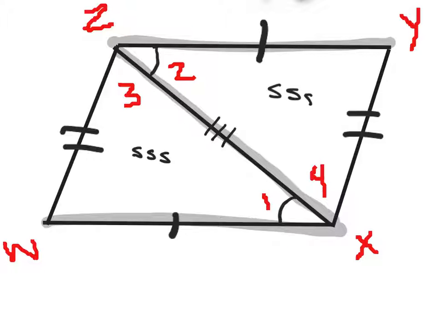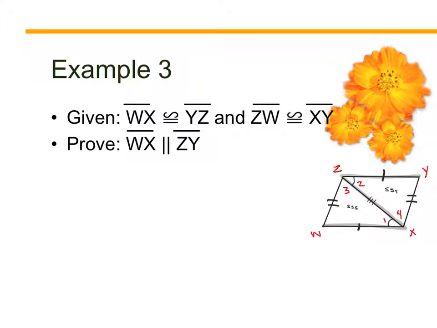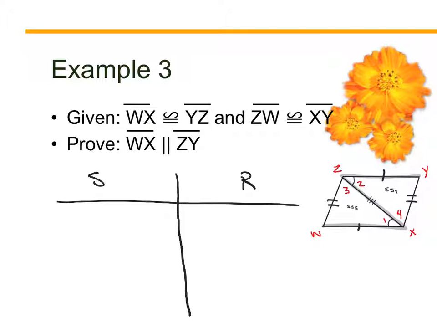And actually, I'm going to go back a little bit because what Colette told us about 2 and 1 is all we need to prove the lines are parallel. I didn't even need that other stuff there. So let's go through just the statements and reasons for a moment. First, we've got the givens. WX congruent to YZ.